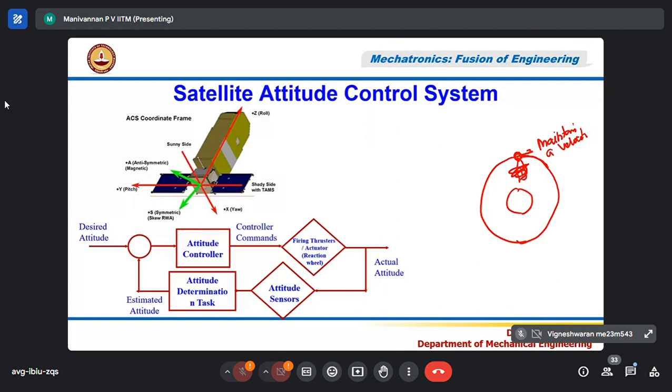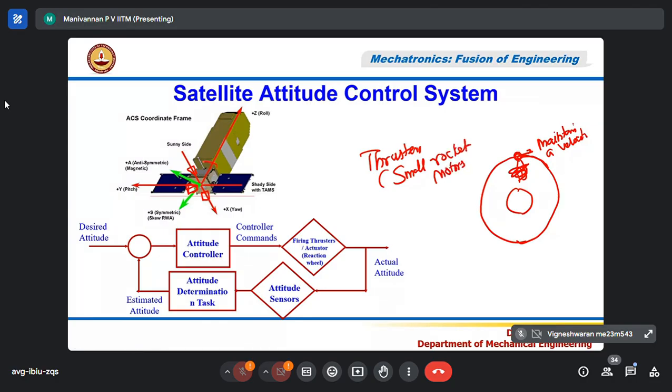But after the rocket has fallen away, there are small thrusters. There will be small rockets in the satellite itself, oriented with respect to the x-axis, y-axis and z-axis. Those rockets are called thrusters. Please note that thrusters are nothing but small rockets, rocket motors.